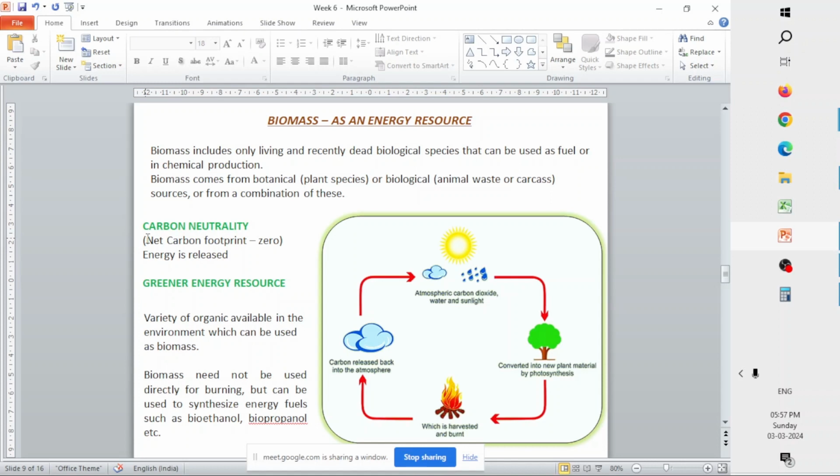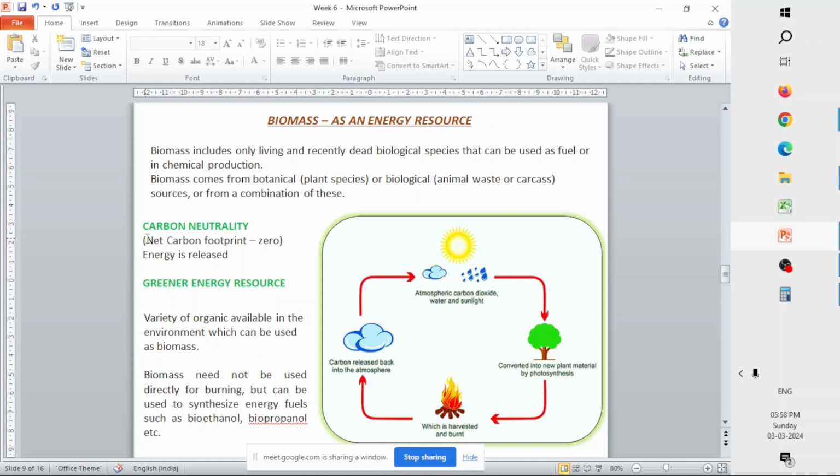We are specifically saying that the net carbon footprint, the amount of carbon dioxide or carbon in the atmosphere, will be zero. That is, there will be no net difference in the amount of carbon dioxide present in the environment, but at the same time you get energy from the biomass. That's why it is called a greener energy resource.